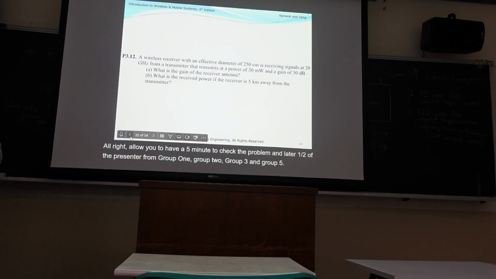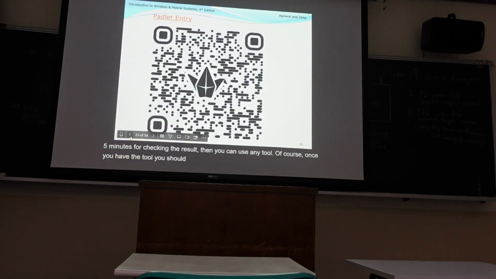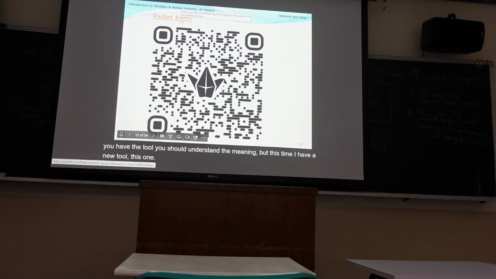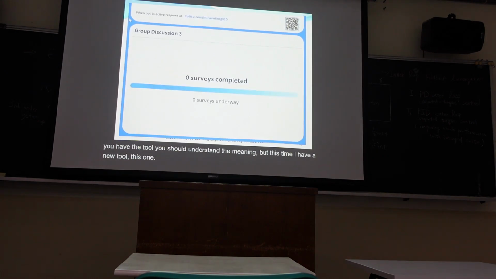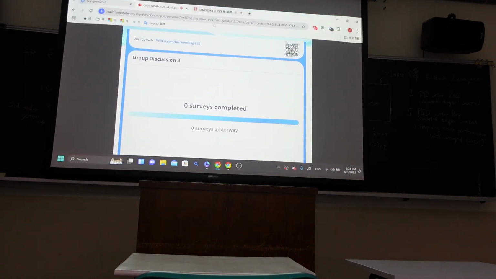5 minutes for checking the result. Then you can use any tool. Of course, once you have a tool, you should understand the meaning. But this time I have a new tool, this one. Sorry, now this. Sometimes something is wrong.